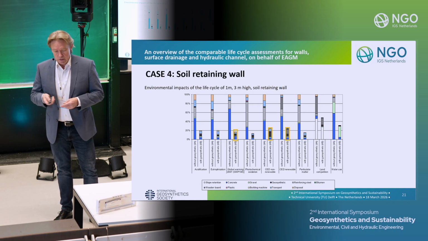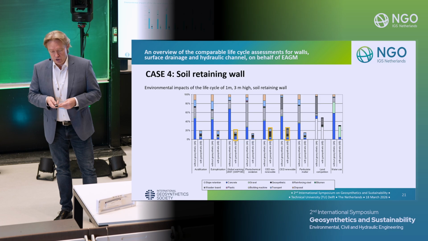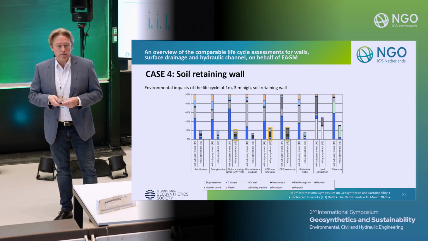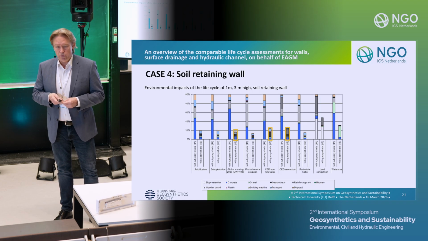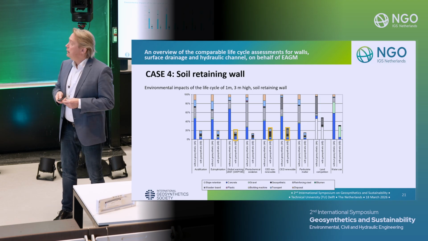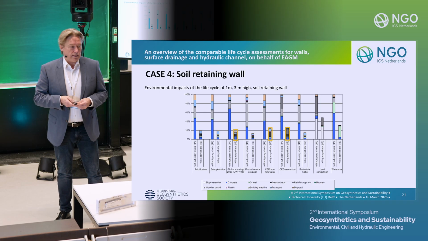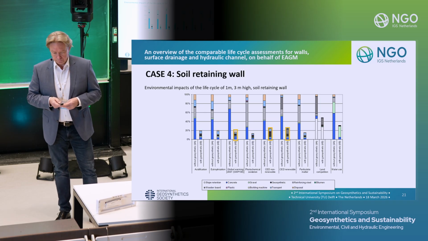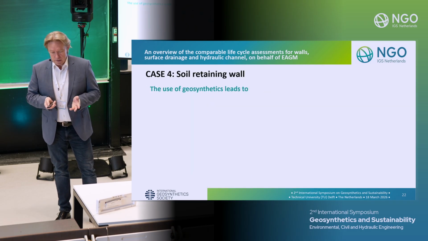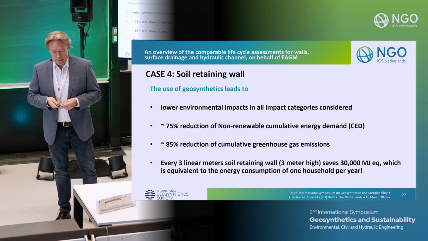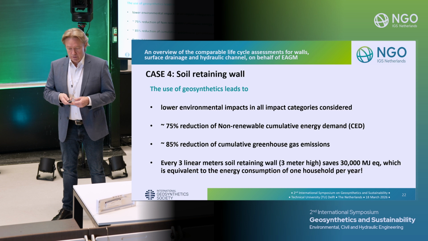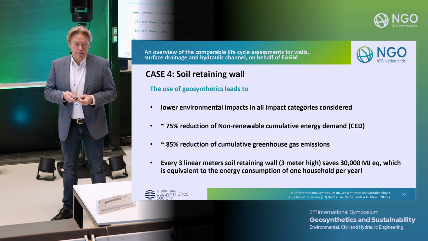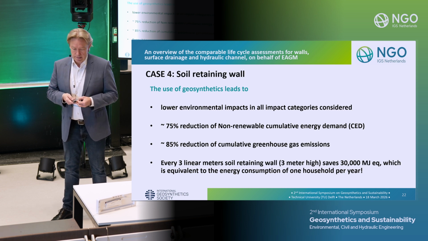And again, here you can see the accumulated energy demand as well as CO2 emissions, the main 3 columns: accumulated energy demand, non-renewable or renewable, in comparison to the classic constructions. Here also, as in the case before, we see that there's a really strong reduction of the energy demand needed for the construction on site, as well as the production of the raw materials.